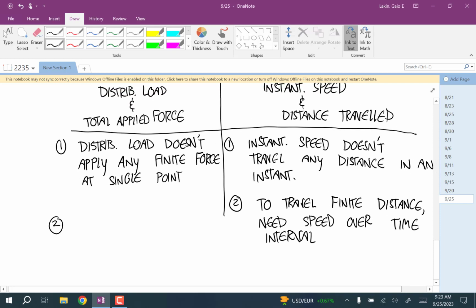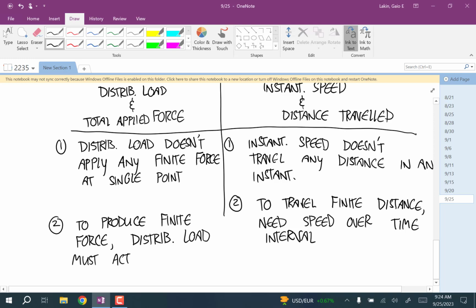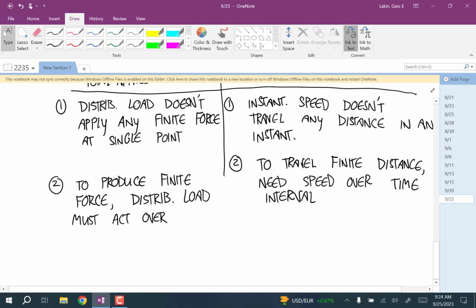So the analogy with distributed load is to produce a finite force, a distributed load has to act over a spatial interval, to produce a finite force, a distributed load must act over an interval in space.